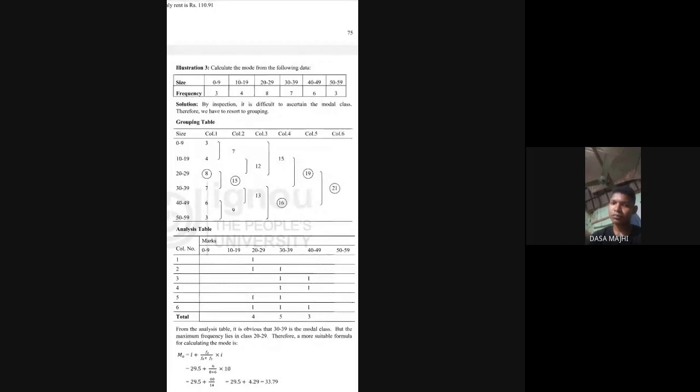For 0 to 9, whatever is in column 1, you write their respective frequency. Out of column 1, check which is the highest frequency.